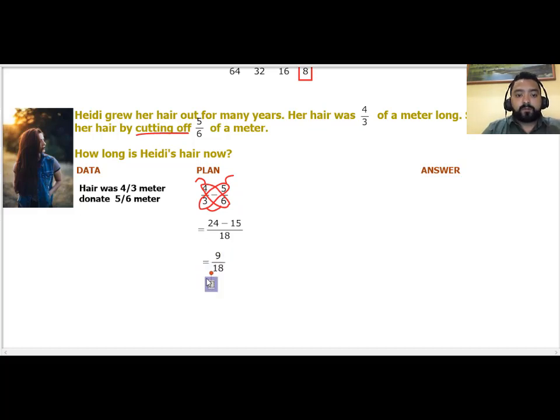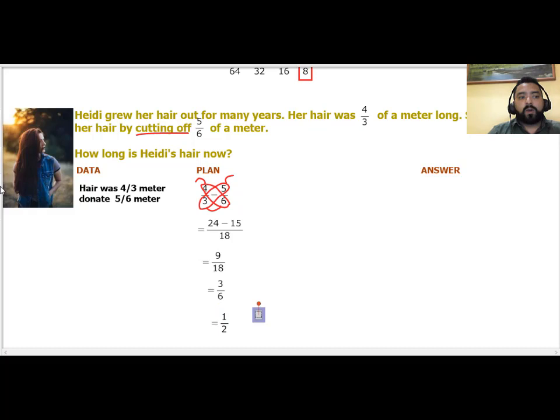We need to simplify that by dividing both by 3. So 24 minus 15 is 9, and now we have 18. We cannot simplify by 2, but we can simplify by 3. It's going to be 3 over 6. And this one, you can continue dividing both numbers by 3. 3 divided by 3 is 1, and 6 divided by 3 is 2.